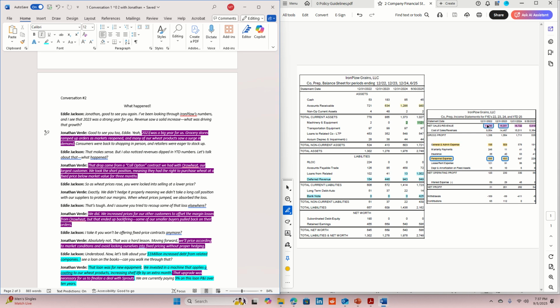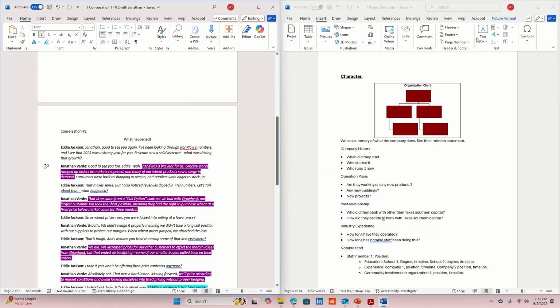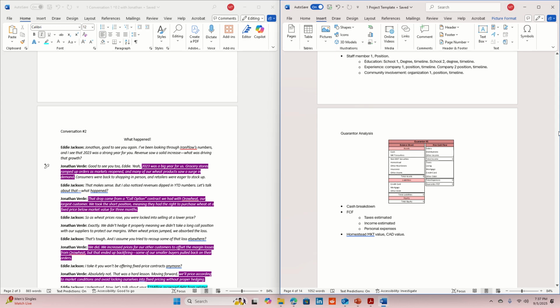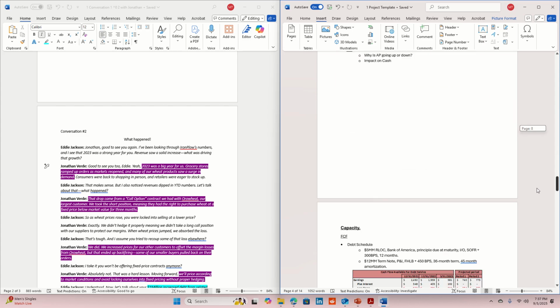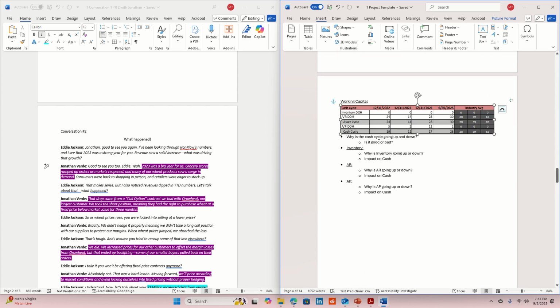So I'm just guessing that they had reduced hours in 2022, and then in 2023, the hours went back to normal. That's my guess.